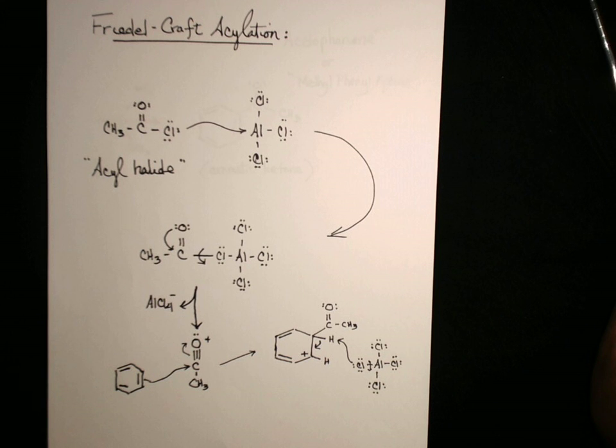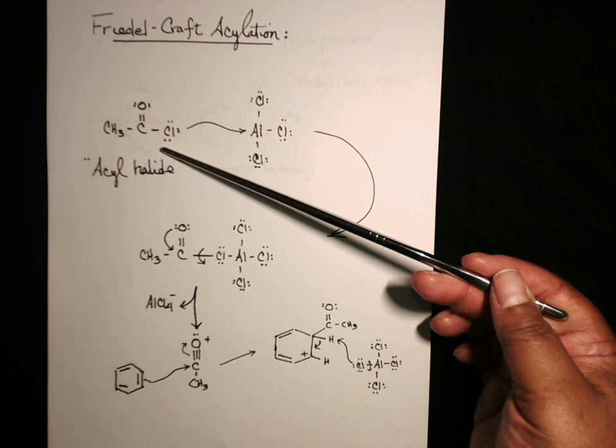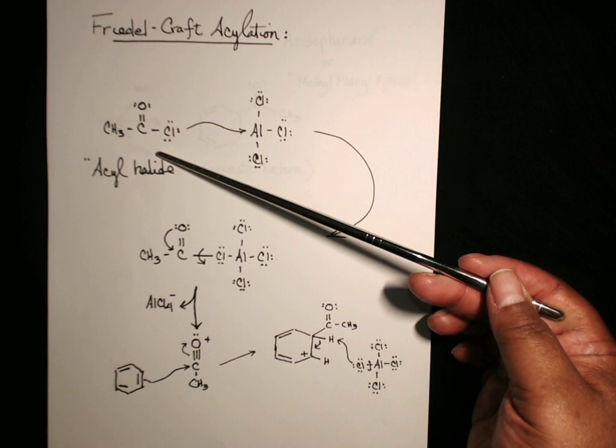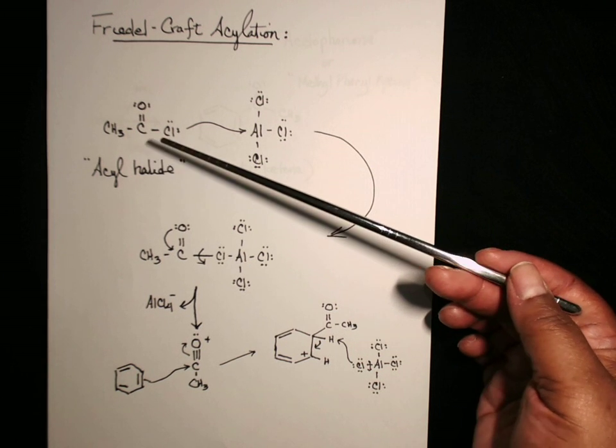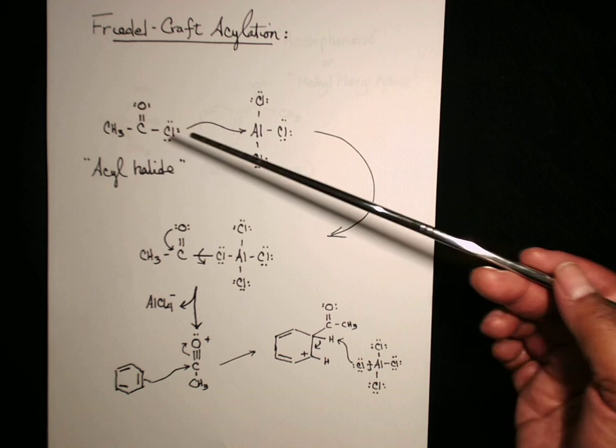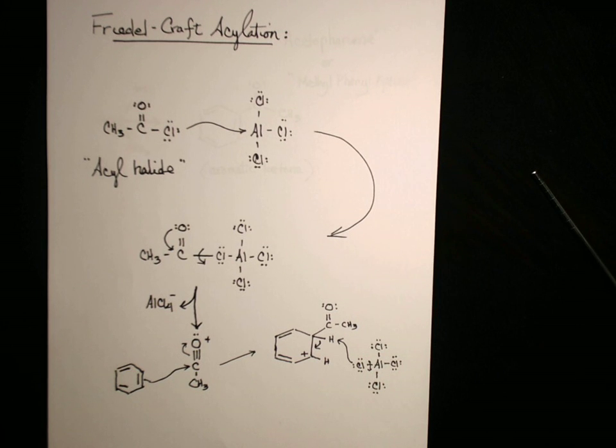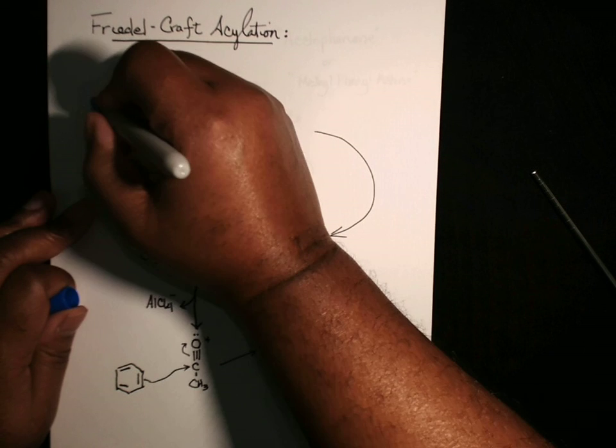Now, with Friedel-Crafts acylation, if you recall, we started out with this. This was called an acyl halide. The actual name for this compound is acetyl chloride. Let me write that down for you.